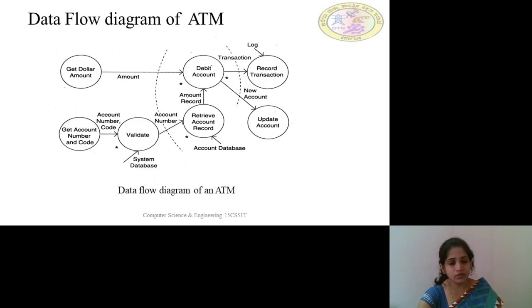After the validation with the system database, we can retrieve the account record. The account record will be in the account database. Once it is validated, the amount entered will be the debit amount in the form of the get dollar amount. These are the different modules like validate, get dollar amount, retrieve the account record.